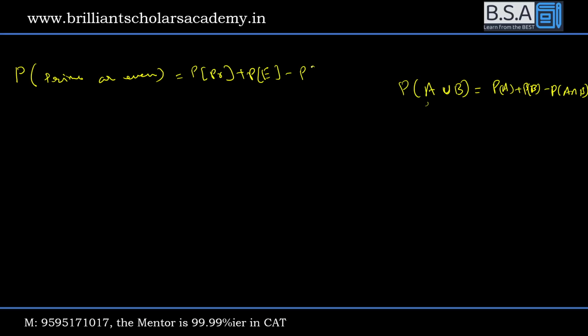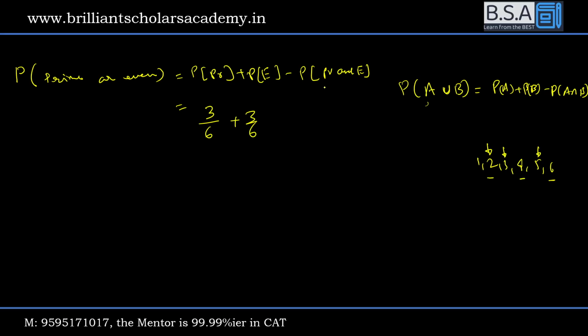If you remember the outcomes 1, 2, 3, 4, 5, 6, there are 3 prime numbers out of 6. How many even numbers are there? 2, 4 and 6 are even, so 3 out of 6.